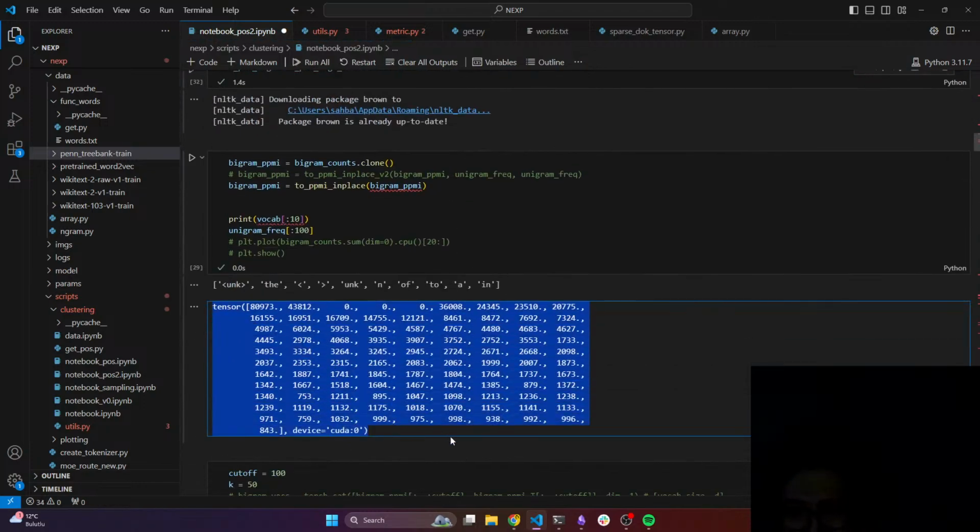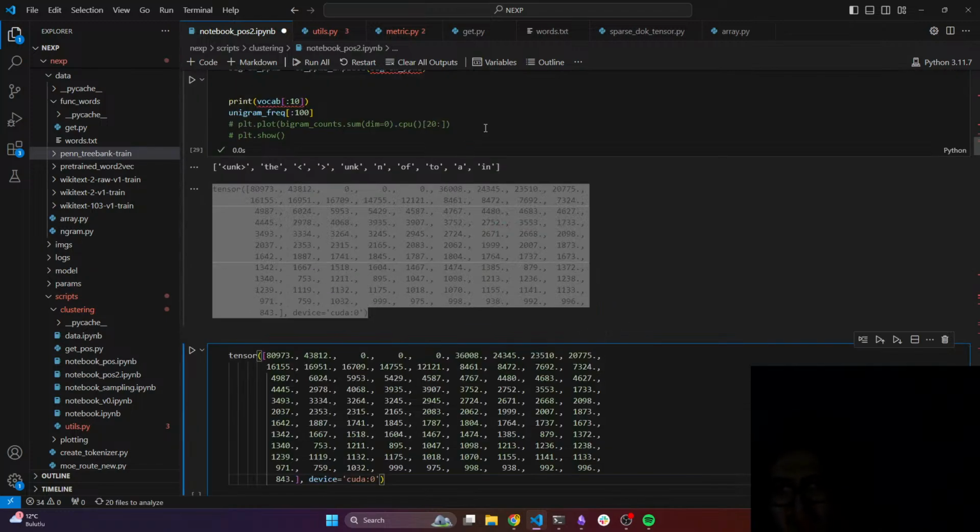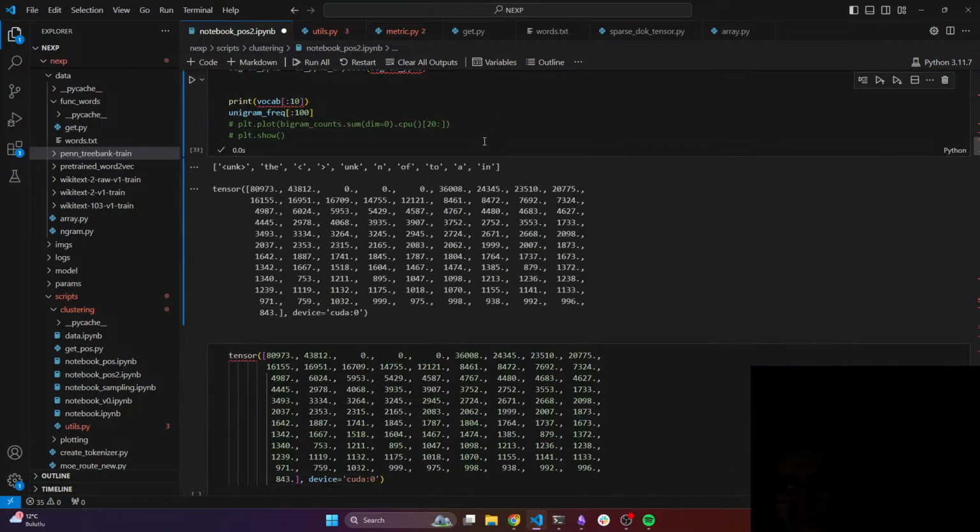Anything changed here? These most frequent words did not change. Yeah, nothing changed. That's weird.